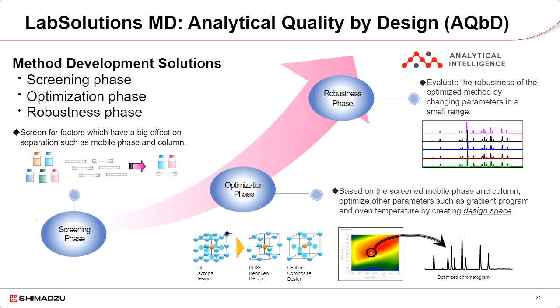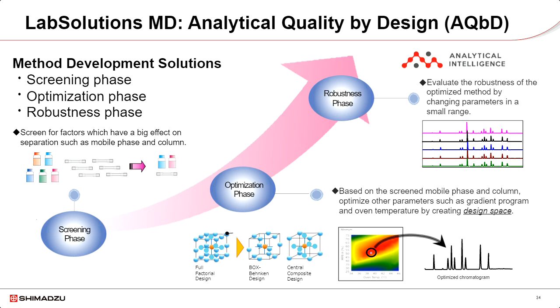But there's 3 phases to the MD software. The first phase is a screening phase, in which you basically go in, click in your different modifiers, the different columns that you want to run. The software will automatically populate a full screening run for the samples for you, and give you all the data from all the runs.